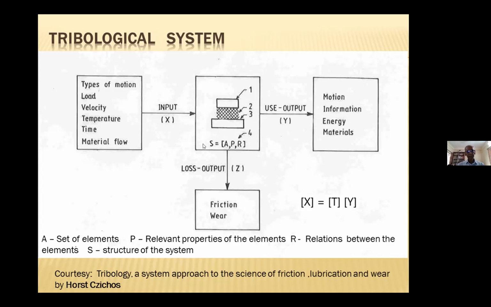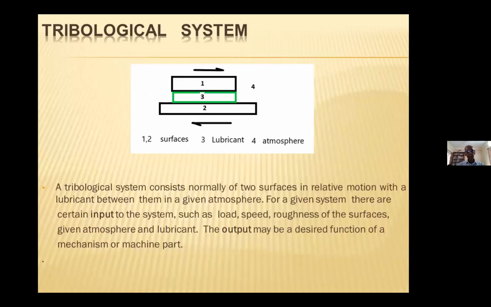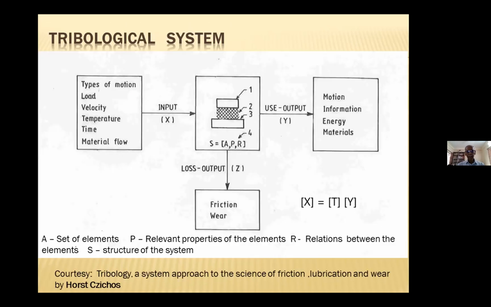He defined the structure of the system S as a matrix of A, P, and R, where A is the set of elements, P are the relevant properties of the elements, and R is the relations between the elements.